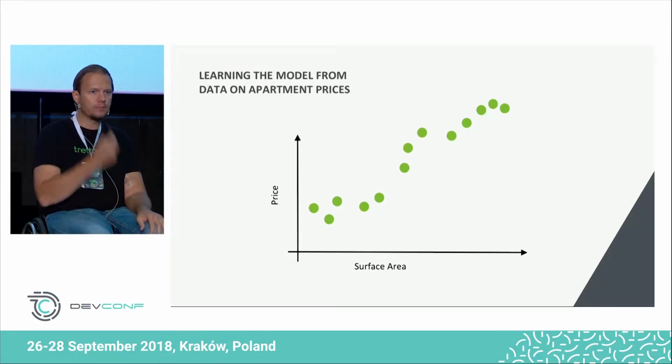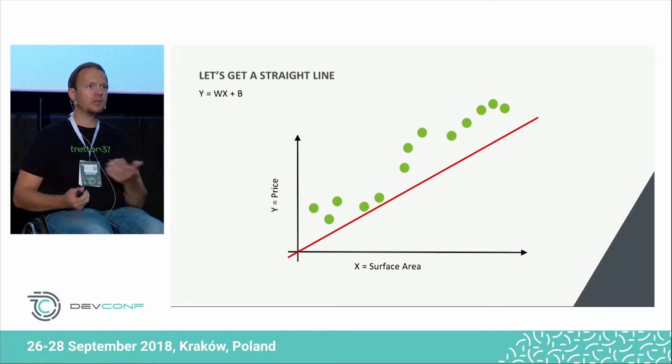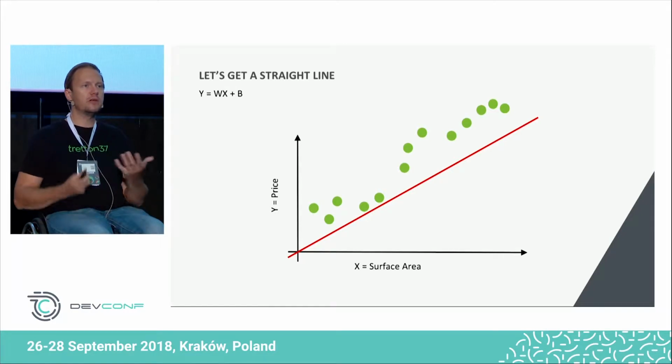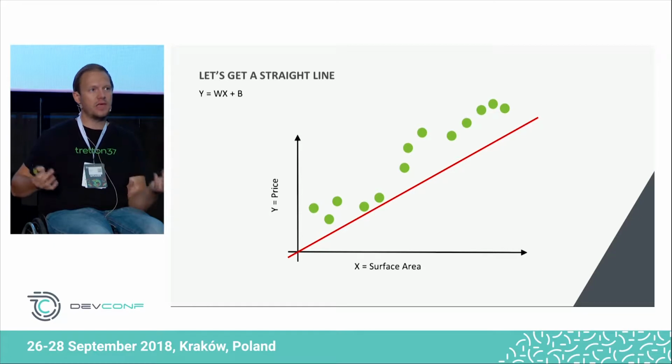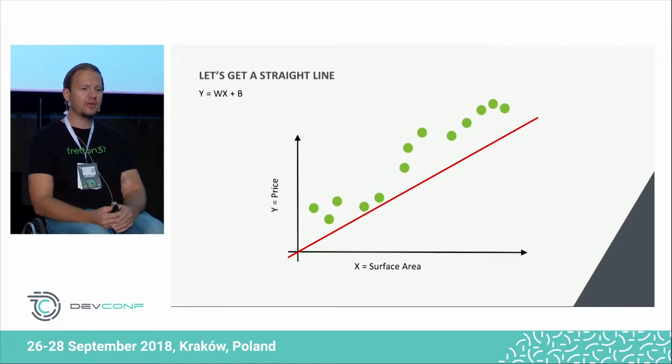And the model I'm going to use is probably one of the simplest machine learning models. It's called linear regression. Basically, it's all about fitting a linear function to shape your data. The linear function is described by two arguments, W and B, or A and B, depending. This is like school math or machine learning.